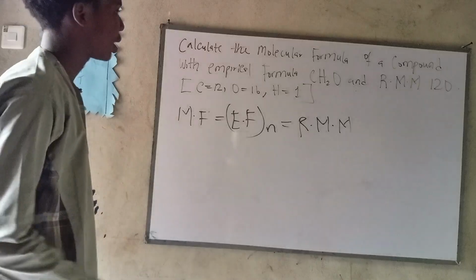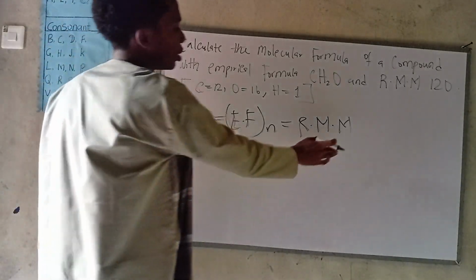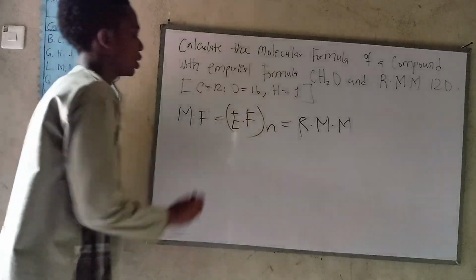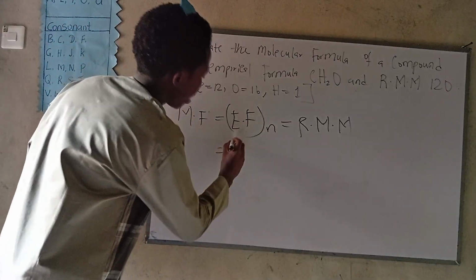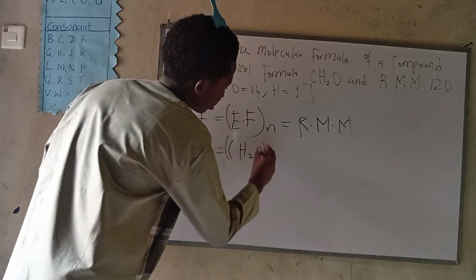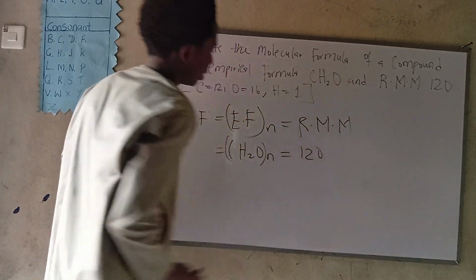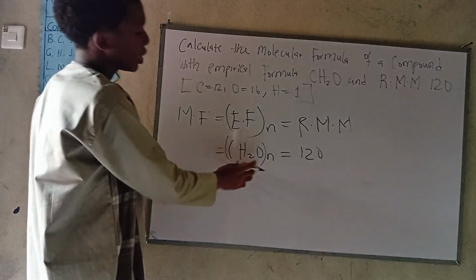Okay, that's fine and good. Now we have our empirical formula, we have our relative molecular mass. Let's look for n. So now our empirical formula CH2O is equal to 120. Now we have to calculate what is inside here to look for n.